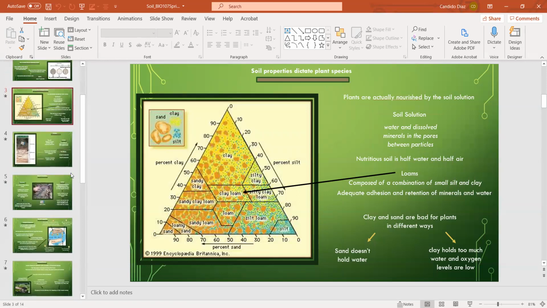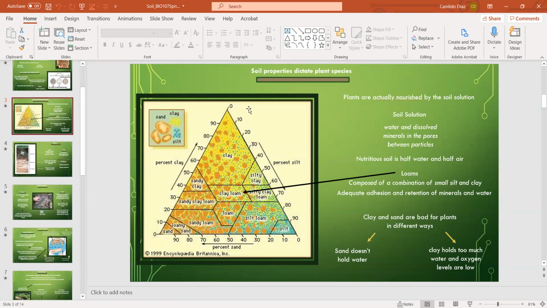Also, soil is building on this idea that we talked about before, of plants dictating an environment. Soil is also dictating what kind of plants are in an environment. So soil has this effect upwards through the food chain and trophic levels.